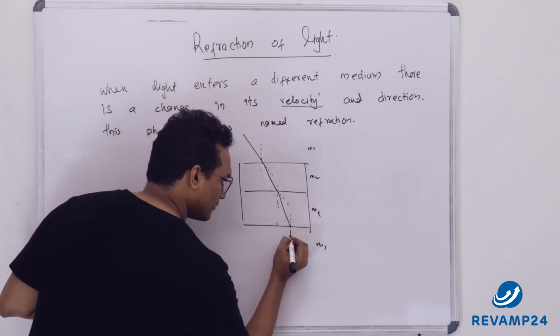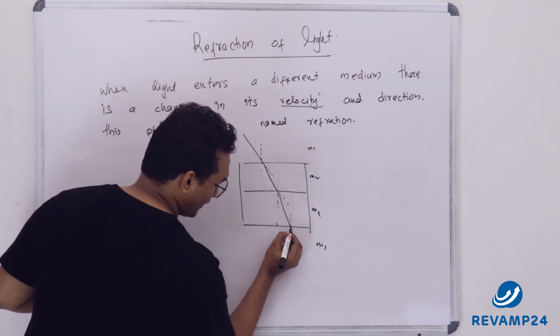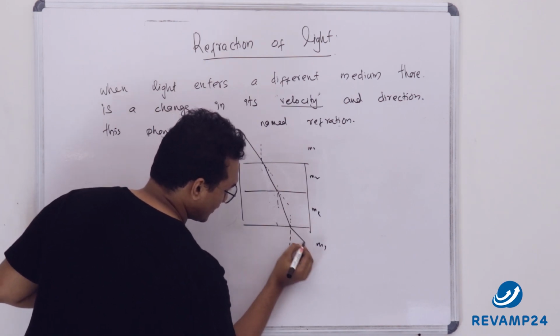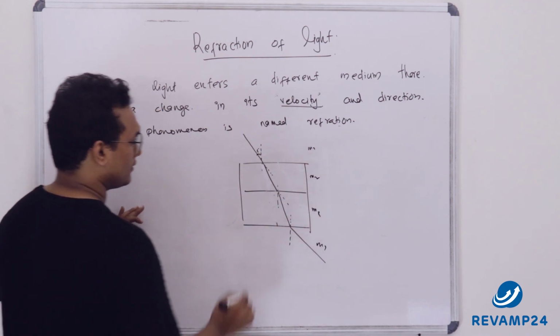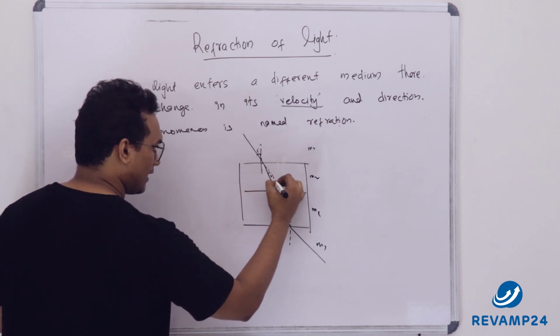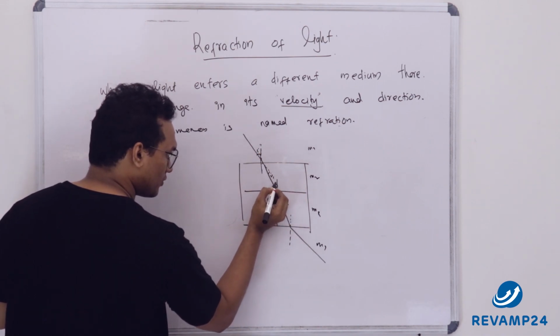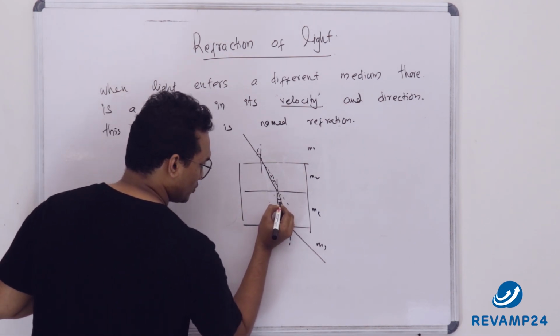Now this is the incident ray. It is bent away in this direction. This is the angle of incidence I1. This is R1. As these two lines are parallel, this R1 should be equal to the same R1, and this is R2.